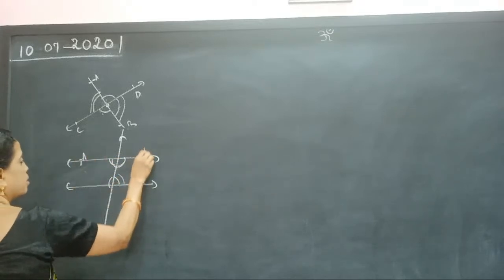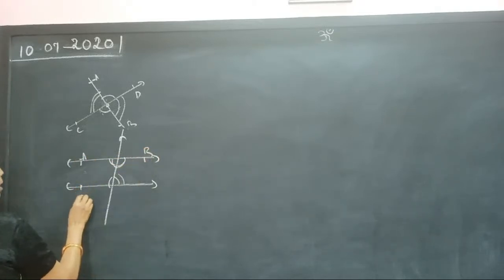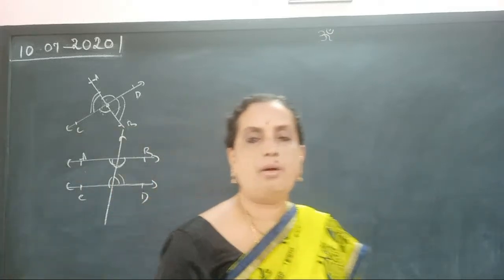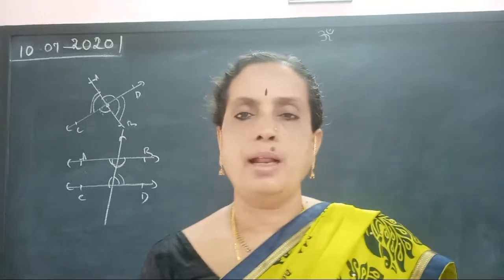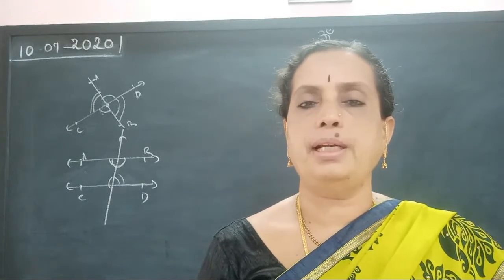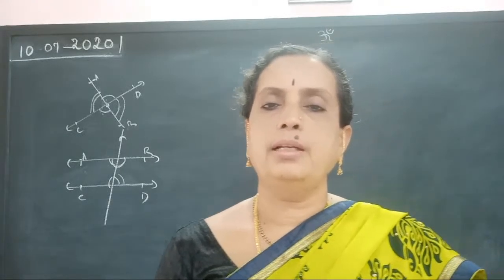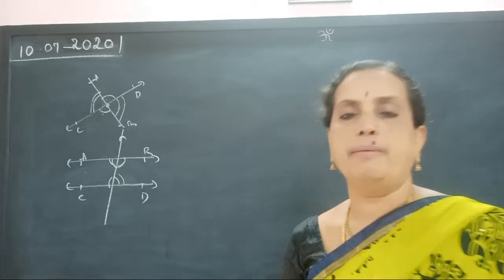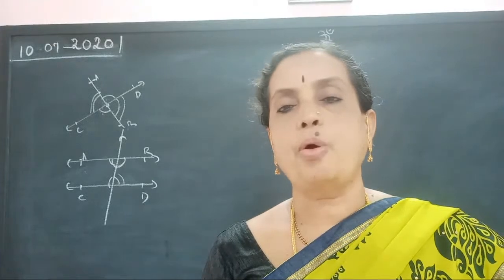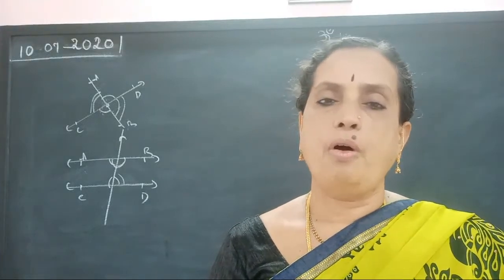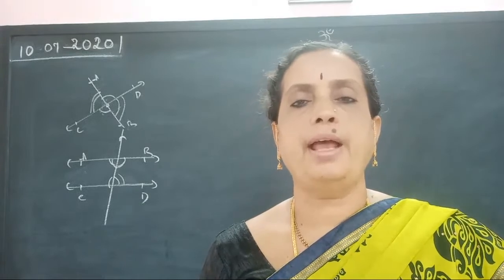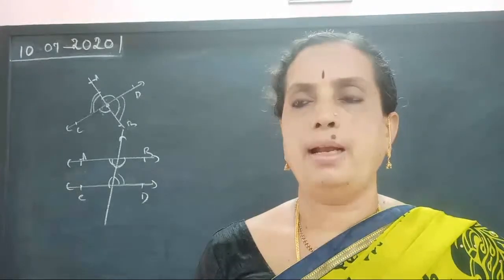This is theorem statement 6.2. If parallel lines are intersected by a transversal, then alternate interior angles are equal. Theorem 6.3. If a pair of alternate interior angles are equal, then the lines must be parallel.